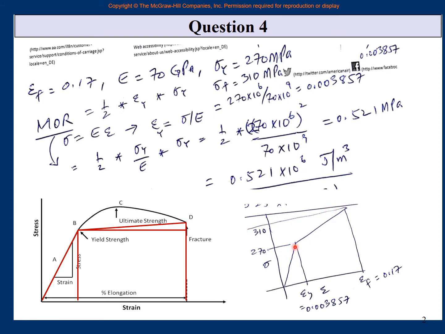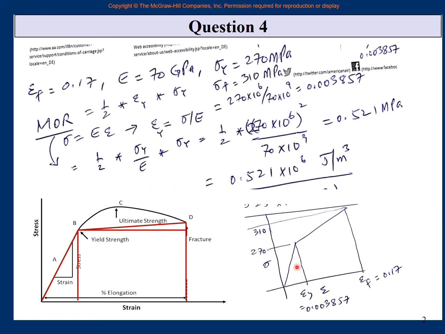So sigma y is given as 270 megapascal, sigma f is given as 310, and epsilon f, because it is 17%, is also 0.17. So epsilon f is also given. Now you only find epsilon y, and then you can solve everything, isn't it?